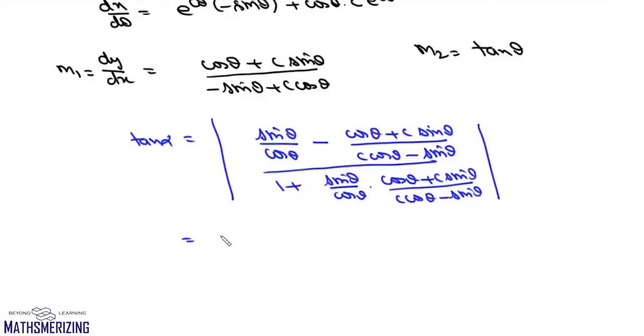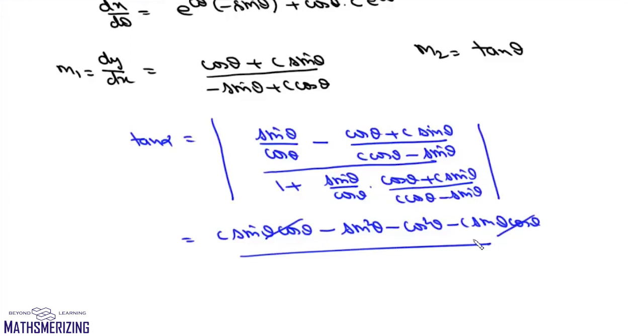So we can write the numerator as c sin theta cos theta minus sin square theta minus cos square theta minus c sin theta cos theta, which will cancel, upon, now this denominator part will cancel with both.